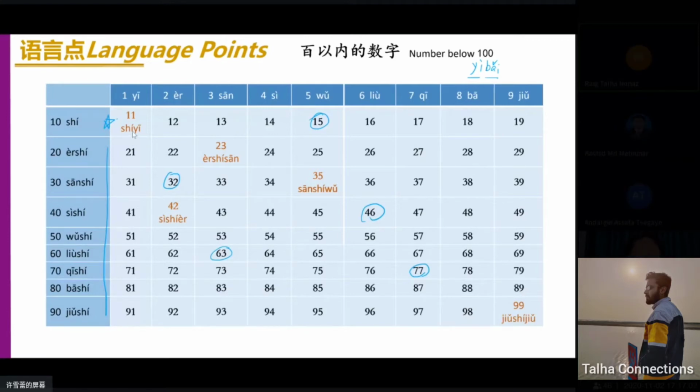Okay, let's work on them. 11, 12, 13, 14, 16, 17, 18.